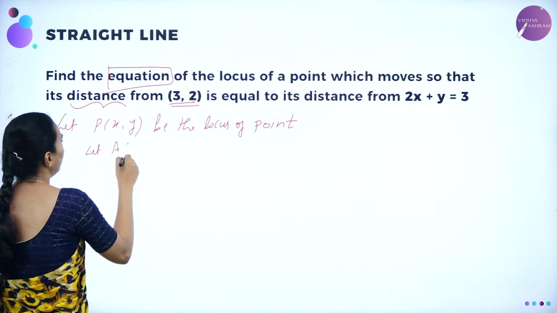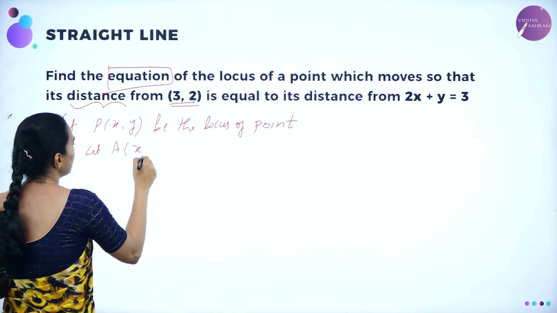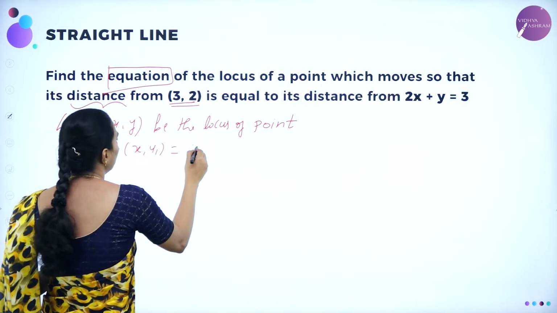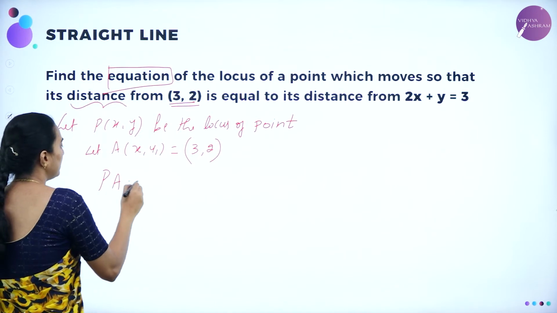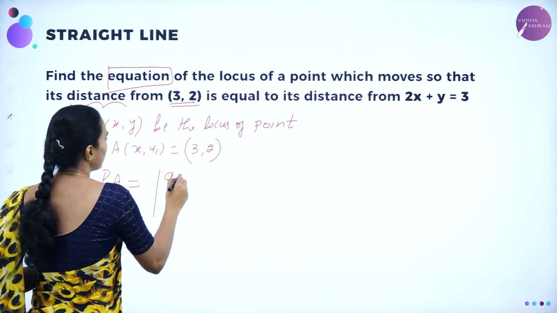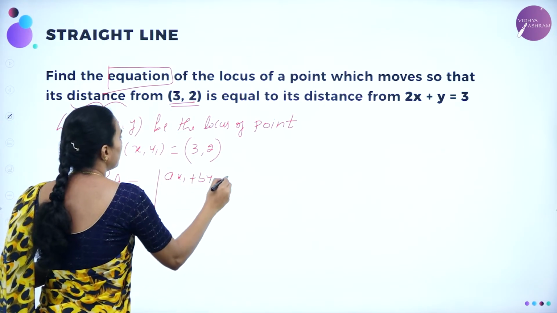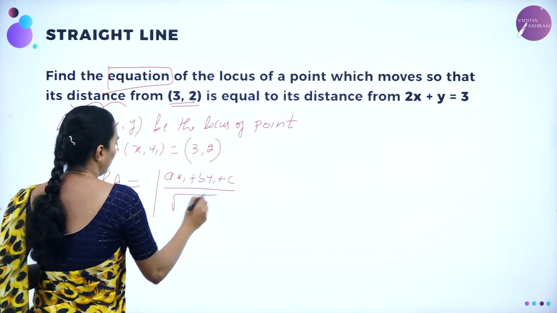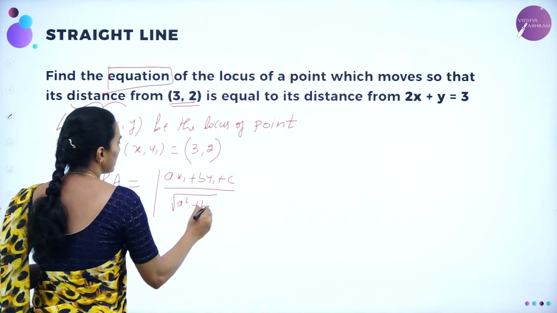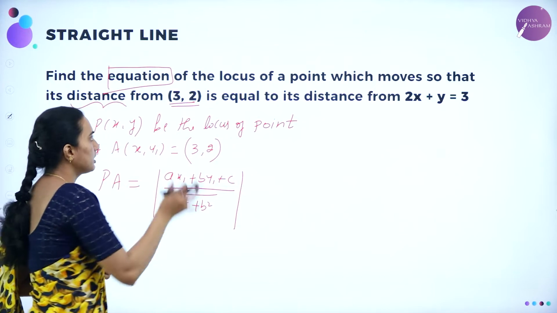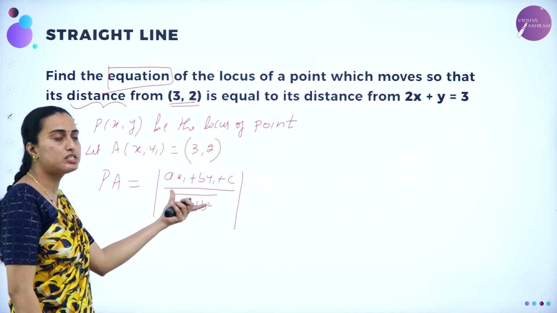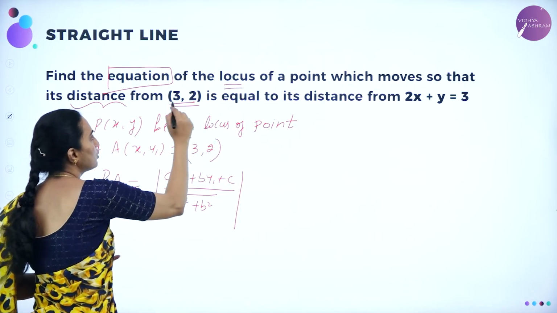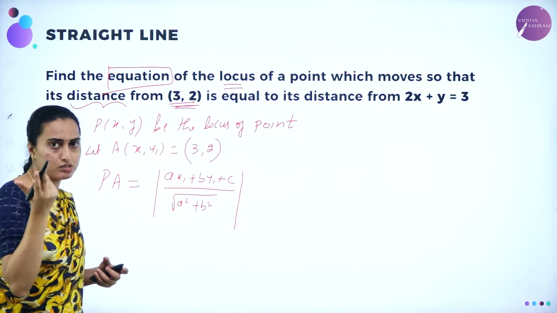Let A of x1 y1 be equal to 3 comma 2. So the distance of PA will be equal to modulus of ax1 plus by1 plus c divided by square root of a squared plus b squared. That's what they have asked. Distance from a point to a line means perpendicular distance. The distance from the point of the locus to this point is given by the distance formula.